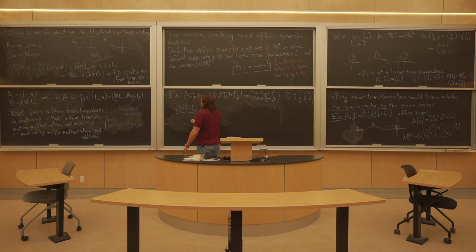So I want this to be the matrix of my affine transformation. And when I apply it to this, I want to get something of the same type, right? The output is this: ax plus by plus f, cx plus dy plus g.